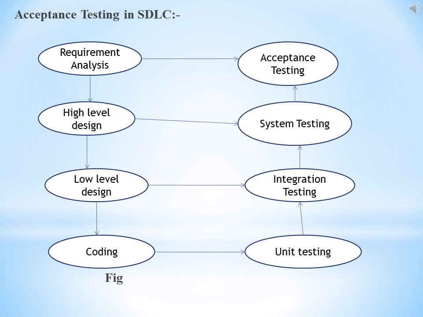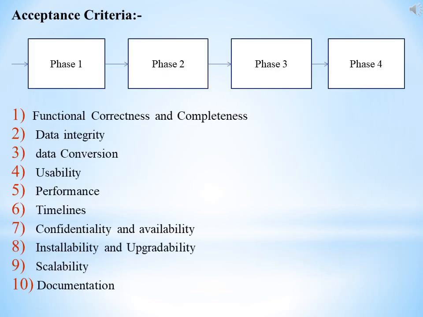The proposal and the contract must meet the acceptance criteria so that the requirement gathering phase can be initiated. The contract must contain the acceptance criteria for each phase as applicable. Acceptance criteria may be used as a basis on which exit criteria for each phase are defined, as shown in the figure.